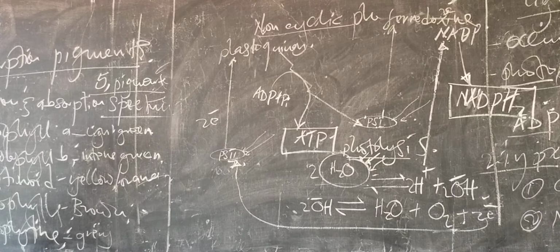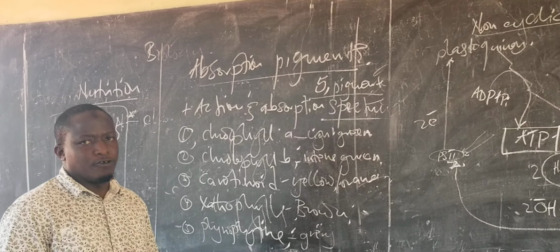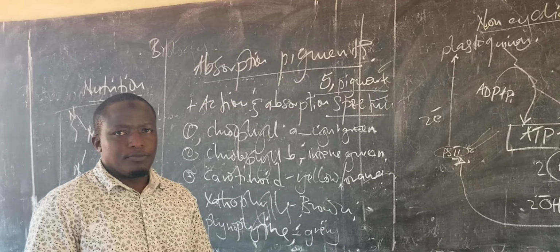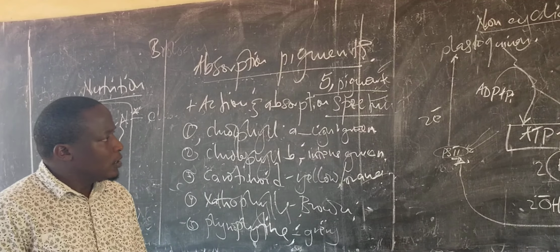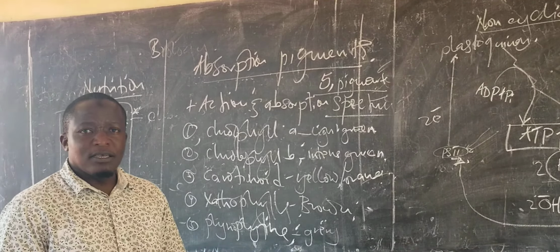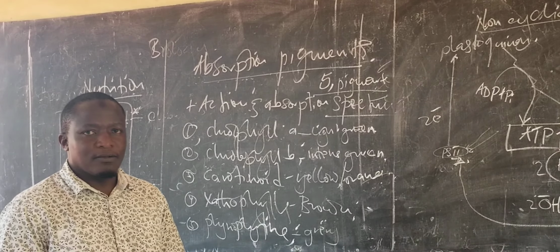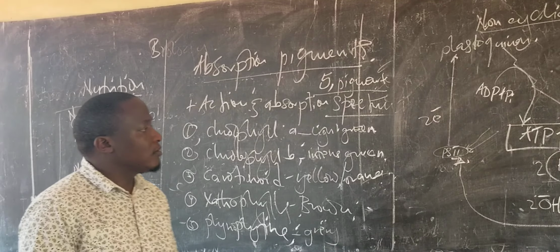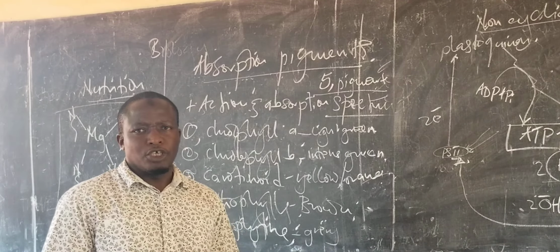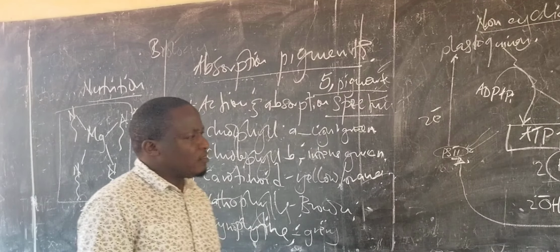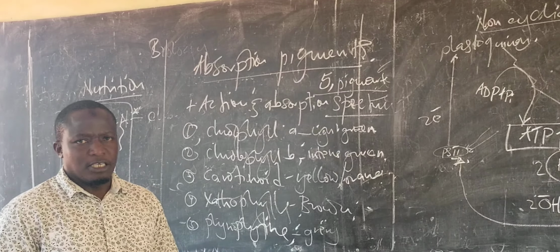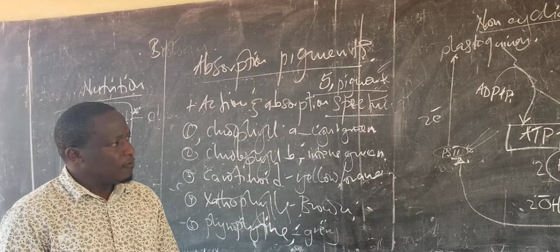And then number 2: Explain the significance of sunlight energy during the light stage of photophosphorylation.